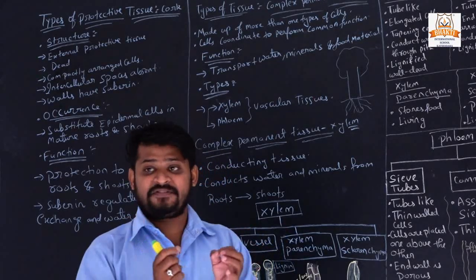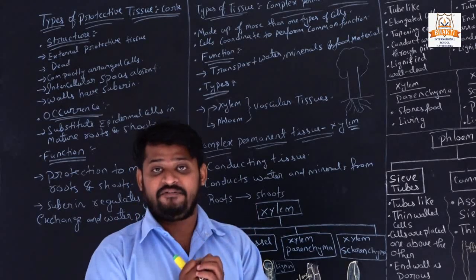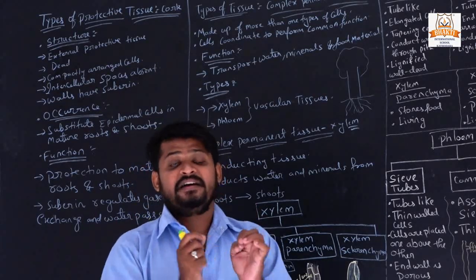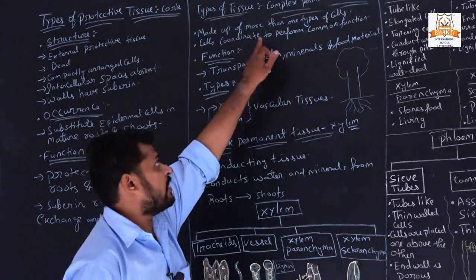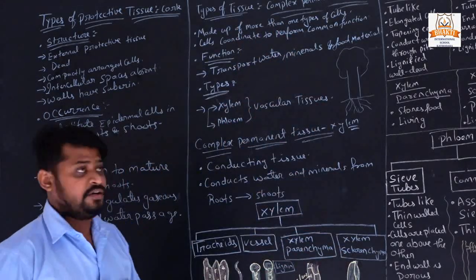So different types of cells do a similar type of function, and the functions are very complicated. That's why the name complex permanent tissue is given.